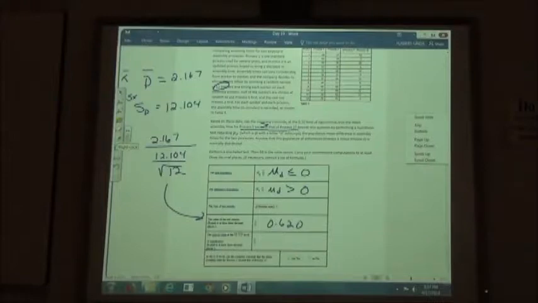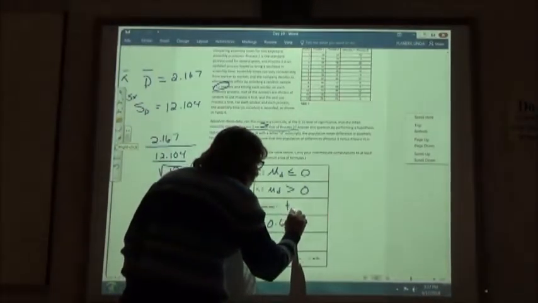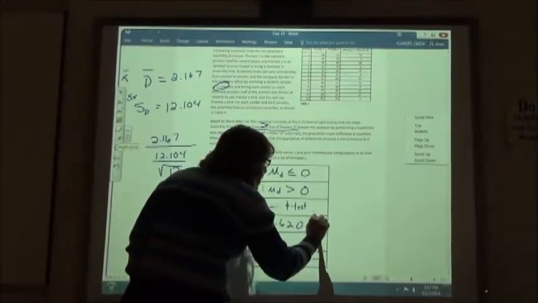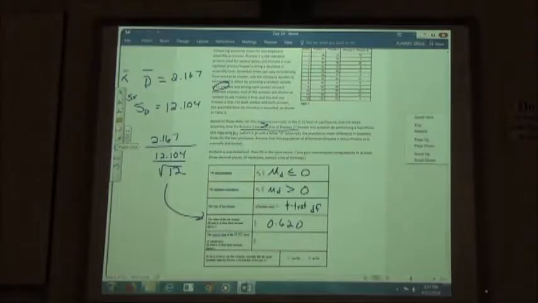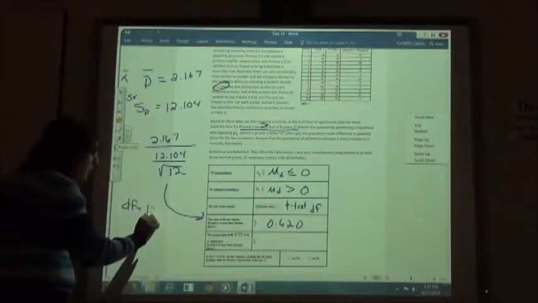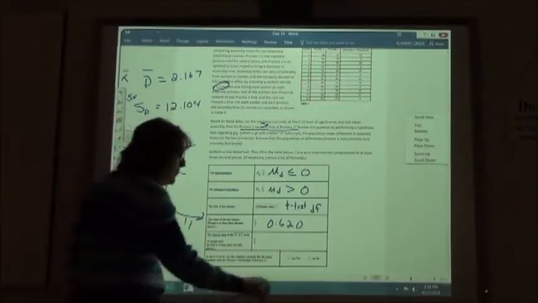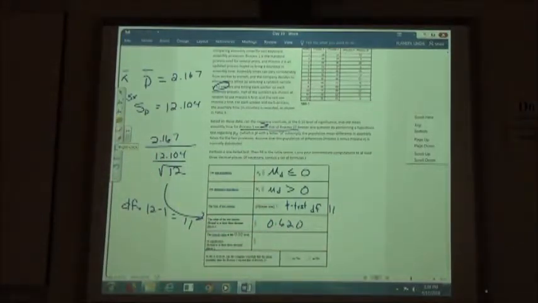I skipped over the type of test statistic. The type of test statistic that we're doing on this one is our t-test, with a degree of freedom of n minus 1, so 12 minus 1 is 11. We need to know that in order to calculate our critical value.